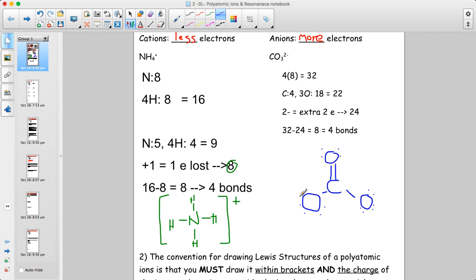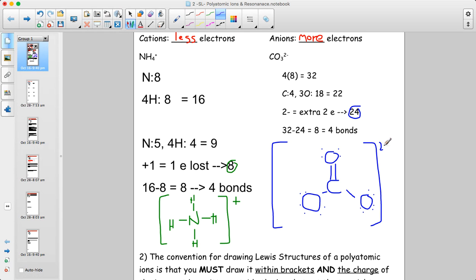And now every oxygen has a full octet. And then I count, have I used 24 electrons? Well, there's 8 in the bonding pairs here, and then 10, 12, 14, 16, 18, 20, 22, 24. So I have indeed used 24. To get the mark, I add the brackets, and I add the charge.